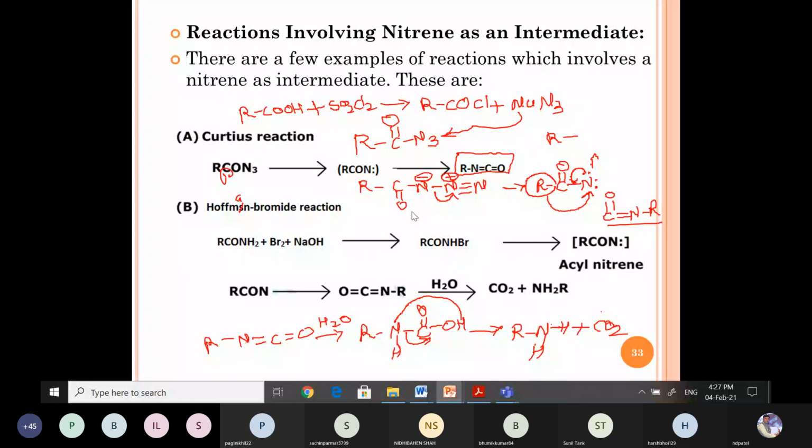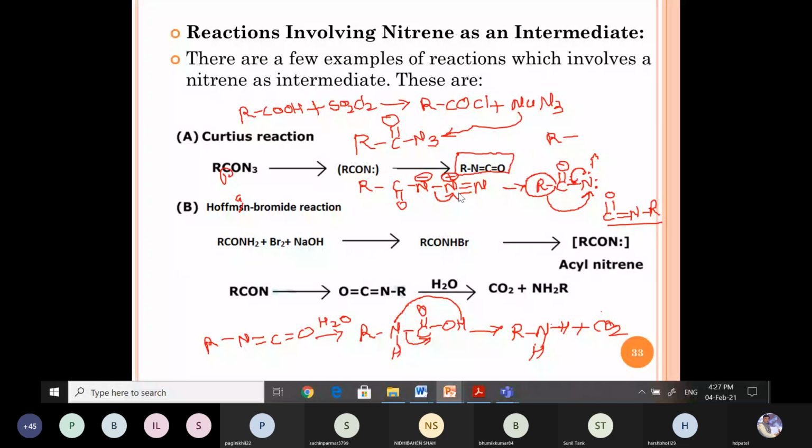Now the other reaction is called Hofmann reaction or Hofmann rearrangement, you are very much familiar. You have studied it in semester 5 or 6 at undergraduate. RCONH2 when reacted with Br2 plus NaOH will convert into RCONHBr.